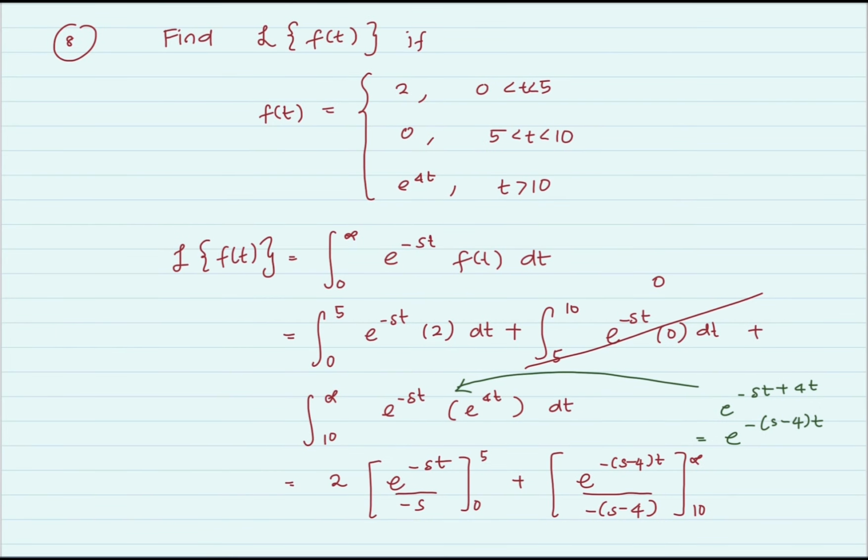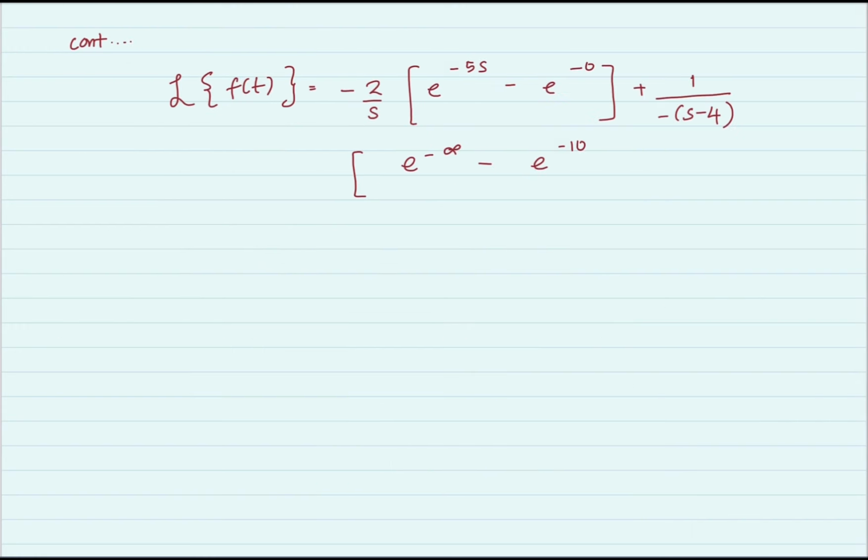Negative s minus 4, 10. Basically negative infinity also, it is s minus 4 multiplied with infinity, so we just make it as infinity. Now we simplify.